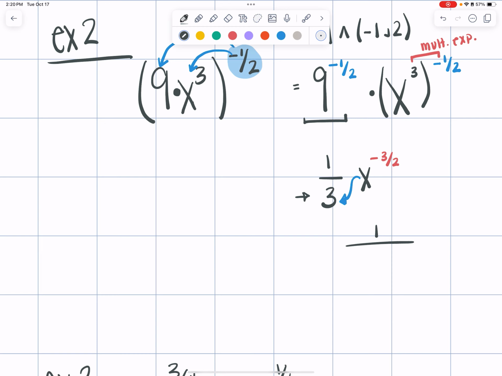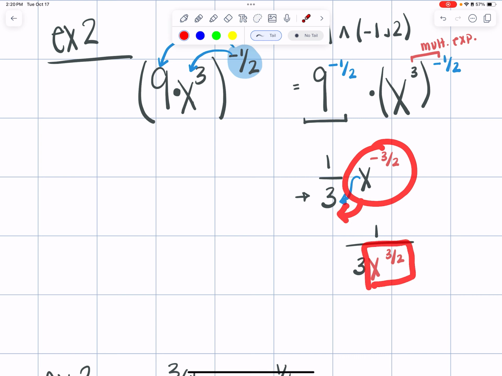So I have 1 over 3. That's that same fraction. But now I'm going to have x to the positive 3 over 2. So I'm taking this whole thing down to the bottom of the fraction and making that positive. And so that is my final answer, 1 over 3x to the 3/2.